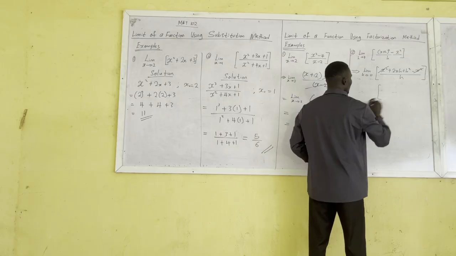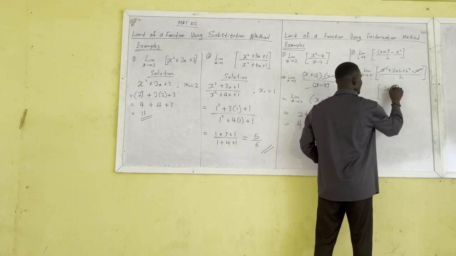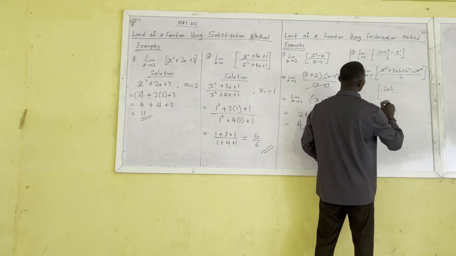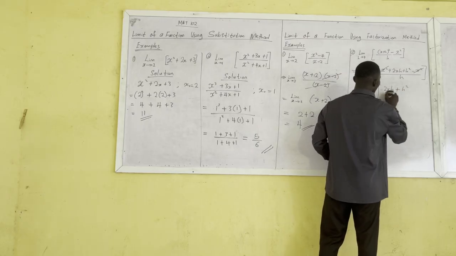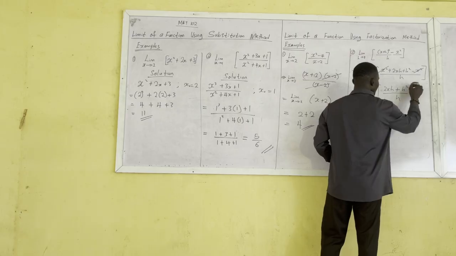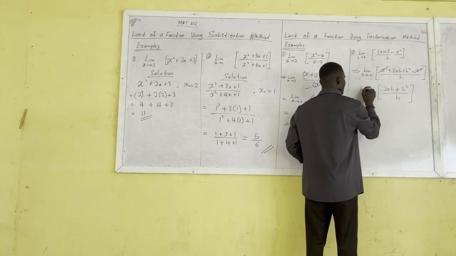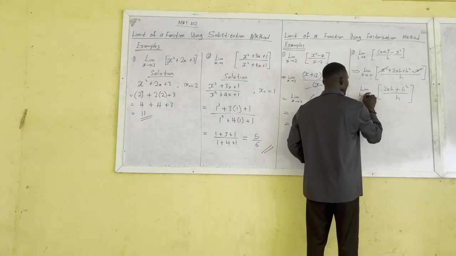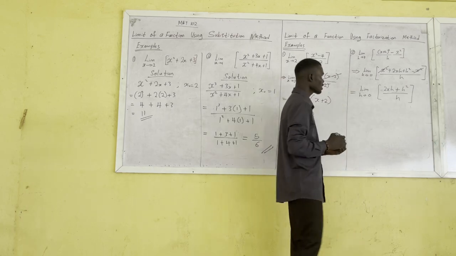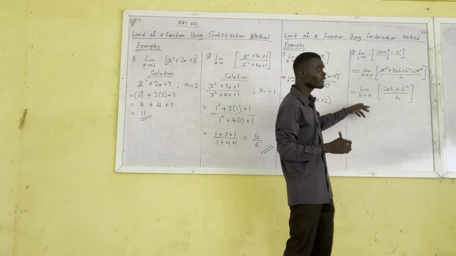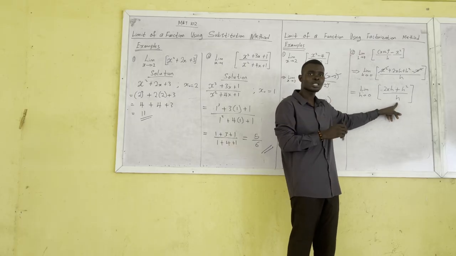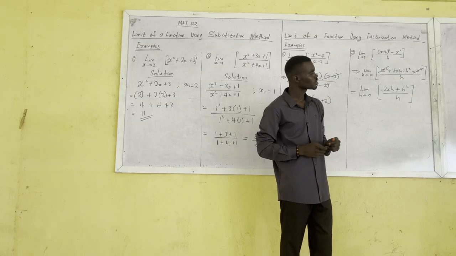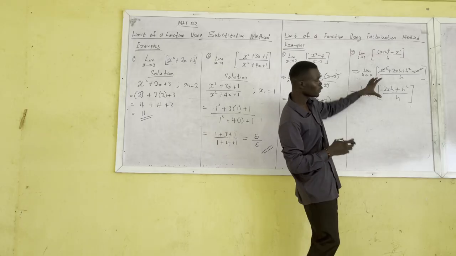We have 2xh plus h squared all over h. We are still limiting the expression as h tends to 0. From here, if you input the value of h naught, which is 0, in this expression, it will still be undefined. So, now look at this very well.